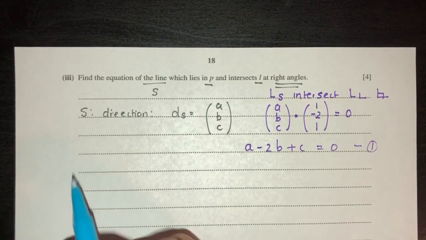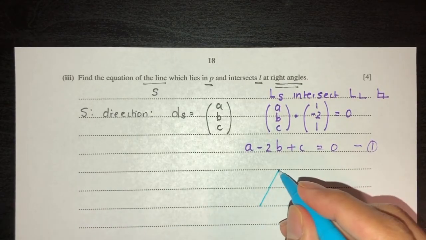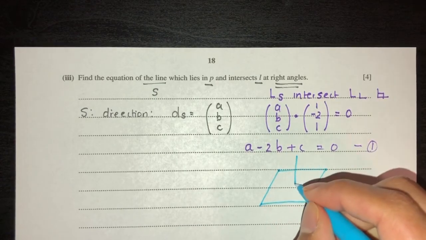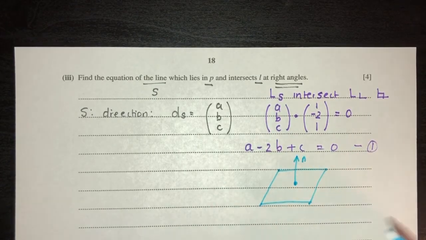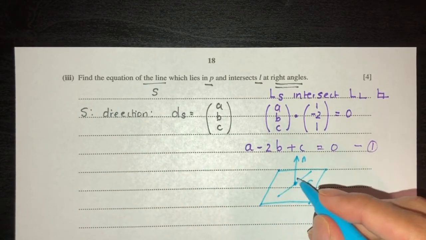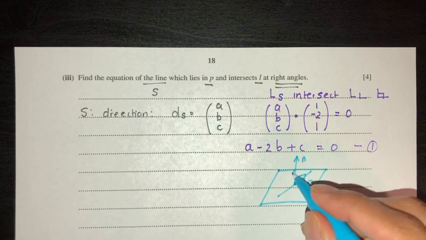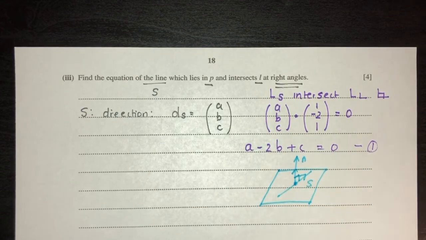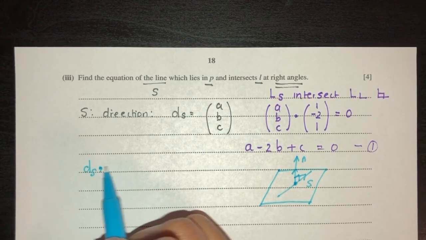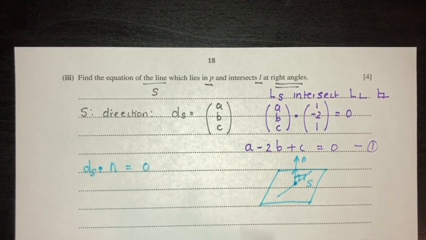Now the other one is, if you draw a plane, for example, the plane is defined by its normal, right? Now if the line S lies on the plane, the direction of S has to be at right angle with N as well. So the other equation we can form is that the dot product of ds and N also has to be 0.